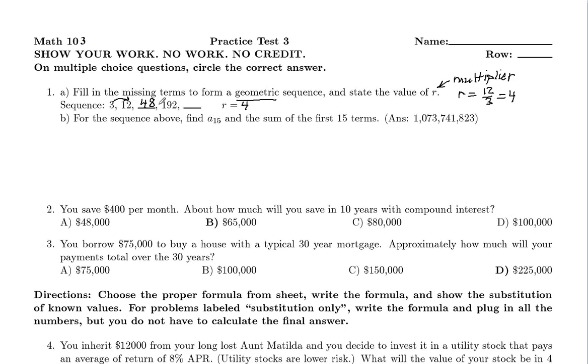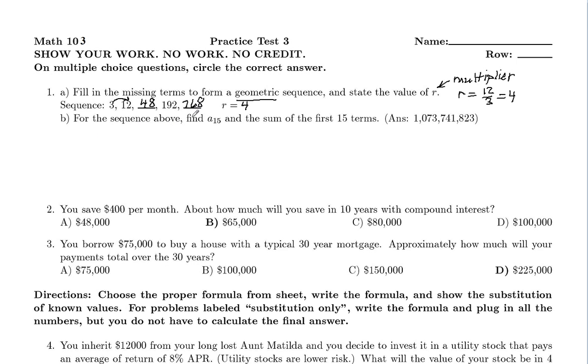And then times 4 again, 192 times 4 is 768. So this is 768. There I'm just using the definition of a geometric sequence, which is something that you need to know. That's not on the actual formula sheet, but it's kind of built into the formula.